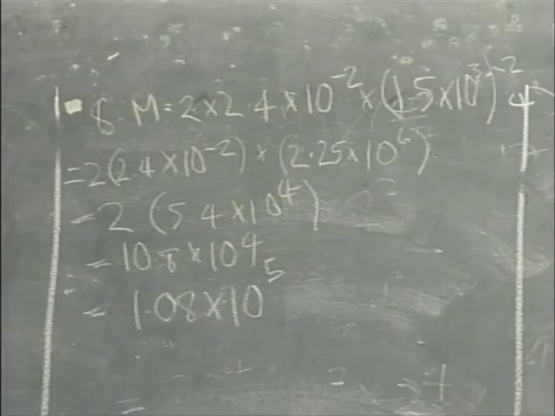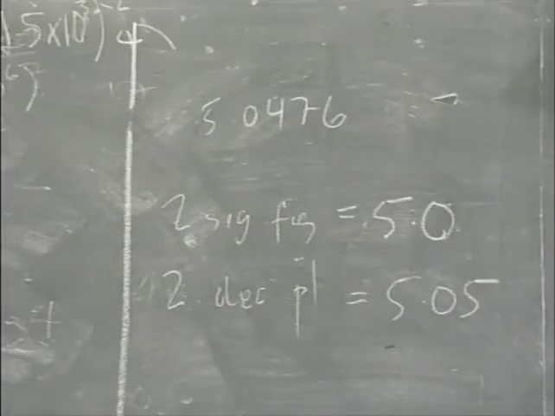Number 7, 5 is correct. Number 8, 1.08 times 10 to the power of 5 is also correct. Number 9, to two significant figures, 5.0, yes, and to two decimal places, 5.05.